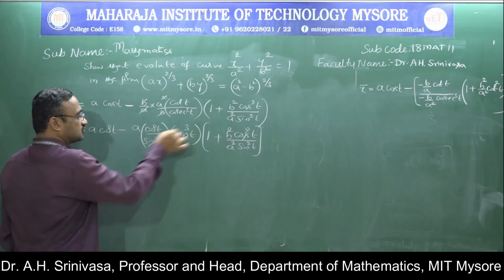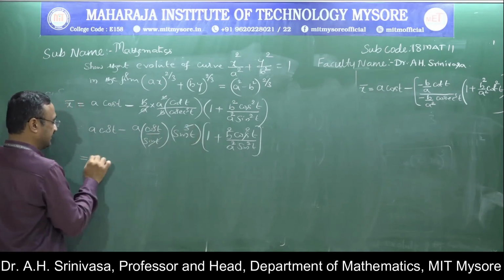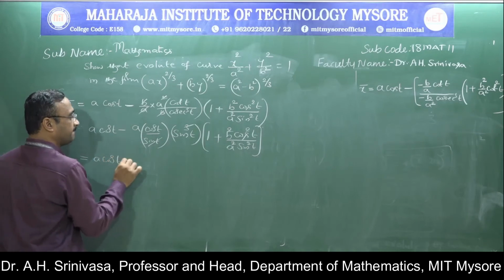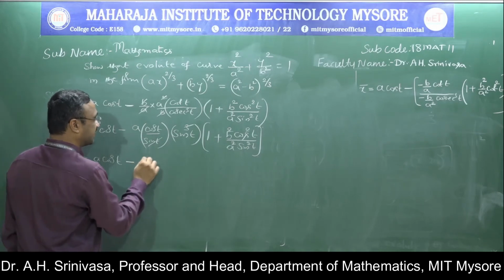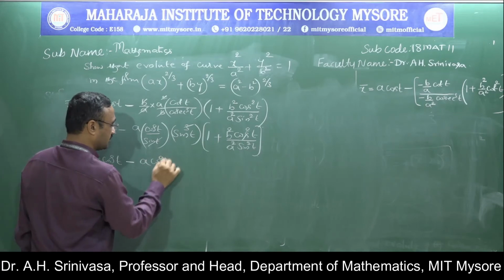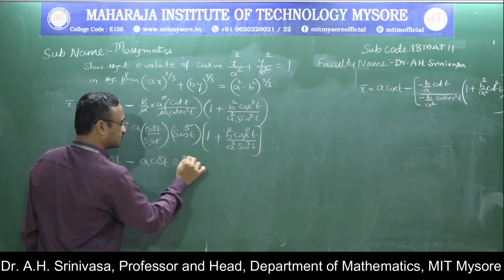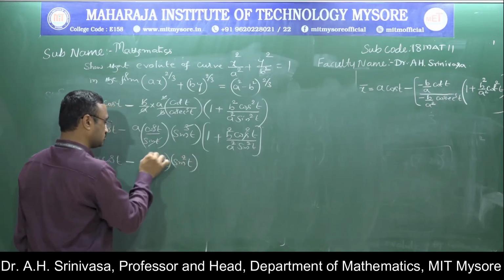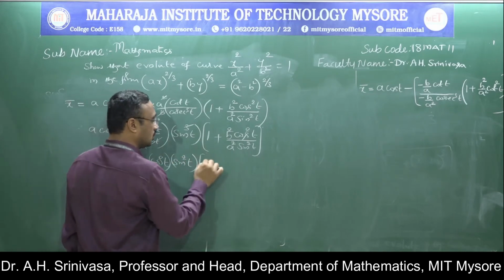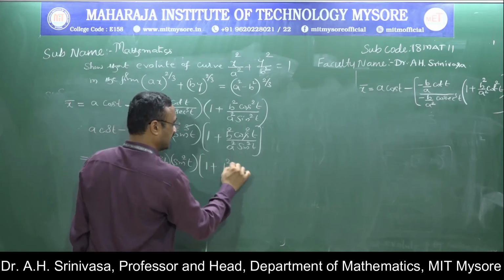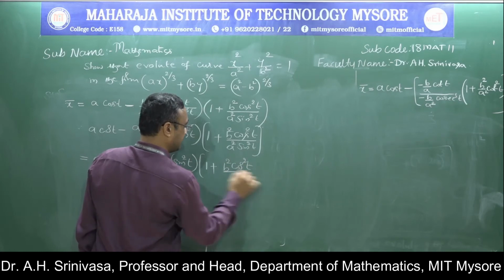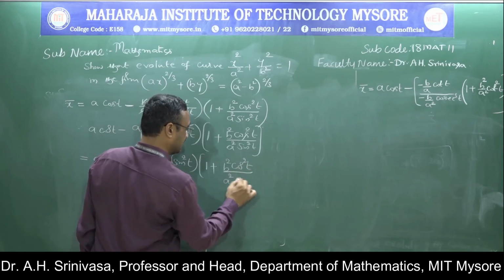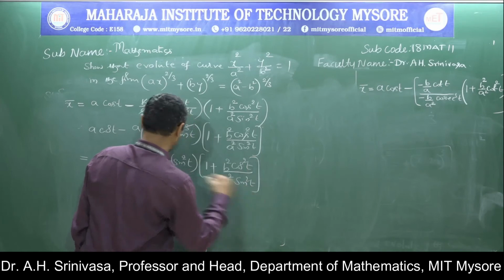So in the simplification, these two are cancelled. We get a cos t minus a times cos t sin square t into 1 plus b square cos square t divided by a square sin square t.